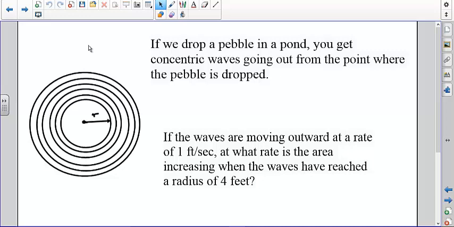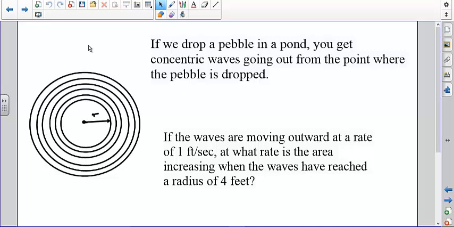So what you have to do is come up with an expression that expresses the geometry of the problem, that relates the two things. One is the radius. This is the distance from the center where the pebble is dropped to the wave, which is going to be the radius of the circle, and the area is just pi r squared.